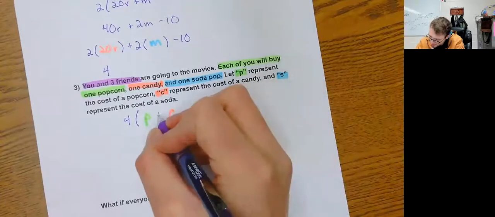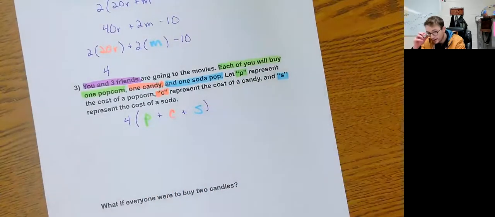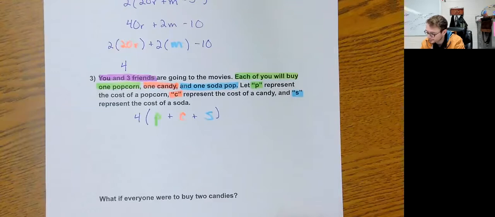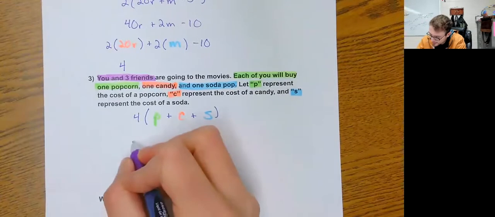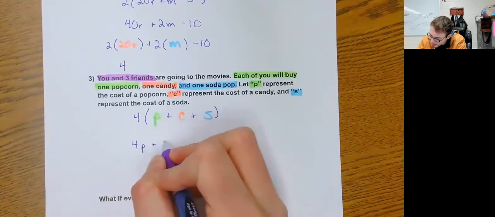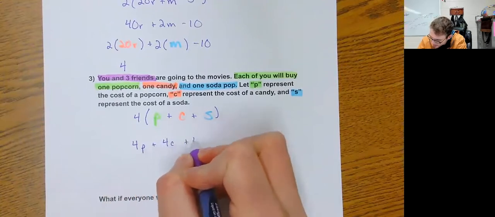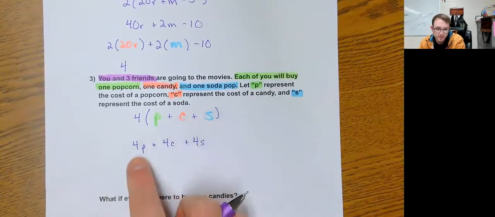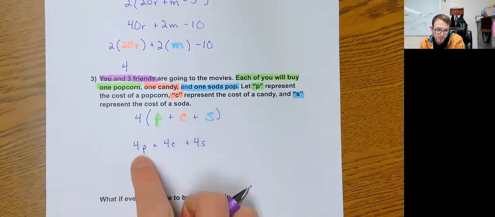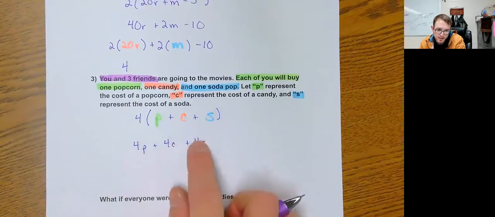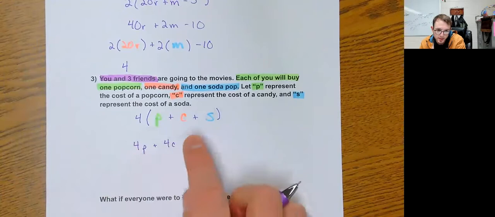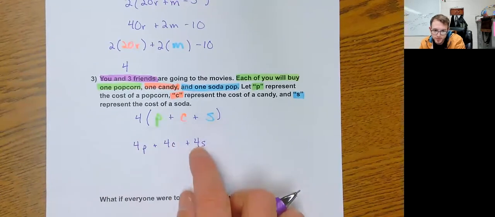You have 4 people buying 1 popcorn, 1 candy, and 1 soda pop. What's another way you could write this? Well, you could write this as 4P plus 4C plus 4S, right? Where you have 4 popcorns, 4 candies, and 4 sodas. The cost of 4 popcorn, the cost of 4 candies, and the cost of 4 sodas.